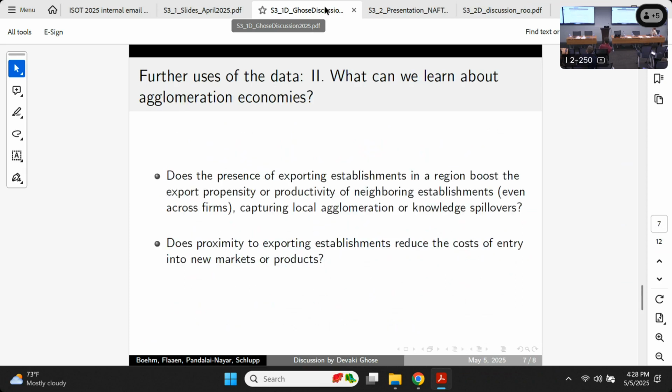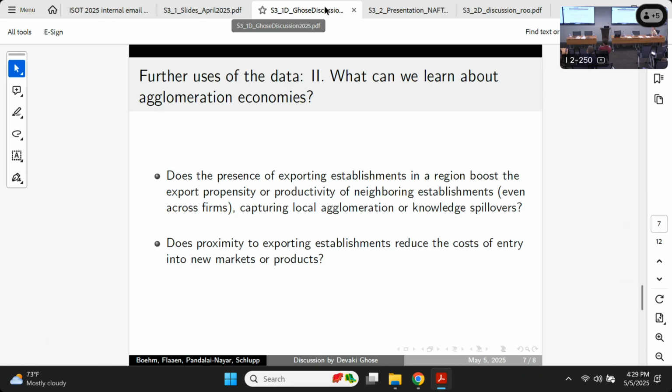And of course, there are many more, but coming from the point of view of a bit of an urban economist, I was thinking more about agglomeration. We know there are benefits of agglomeration and spatial clusters, and there's also this literature on when firms start exporting to a new market, what helps them, and what they learn from other firms who have started exporting in the same industry.